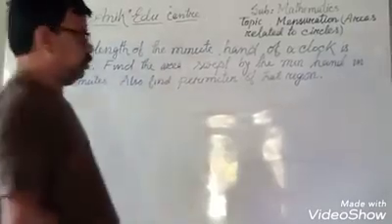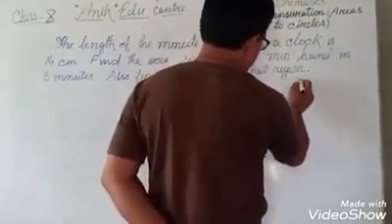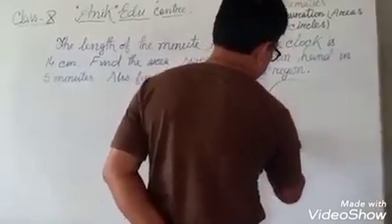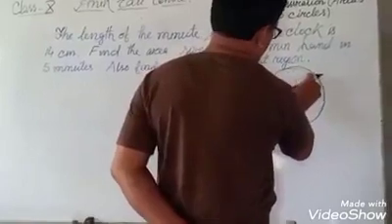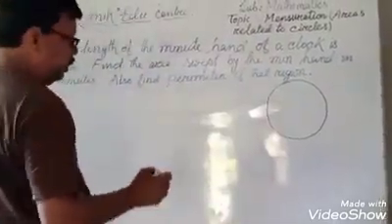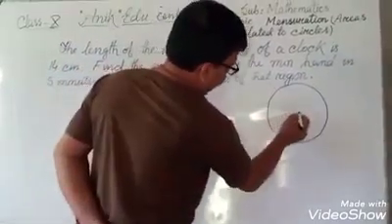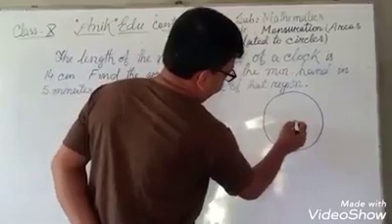Now, you know the dial of a clock is like a circle. In its center, minute hand and hour hand are fixed.